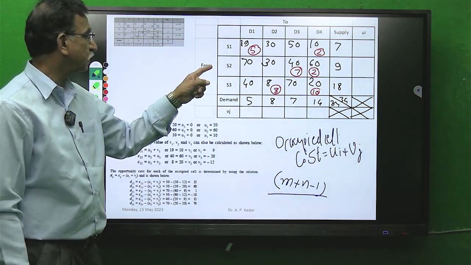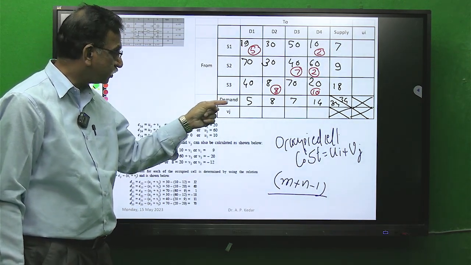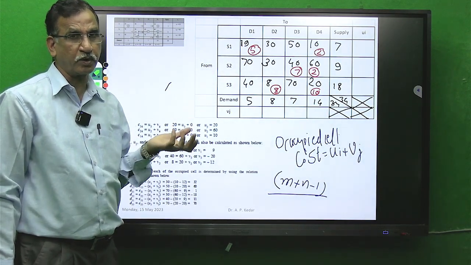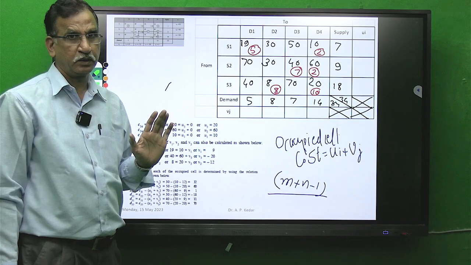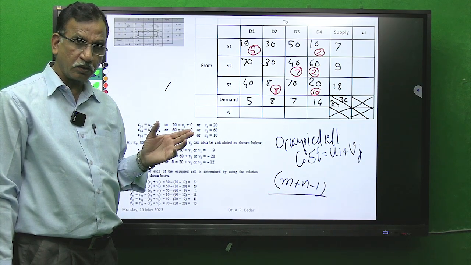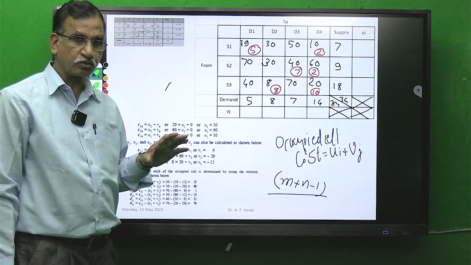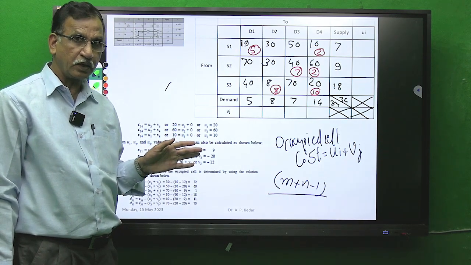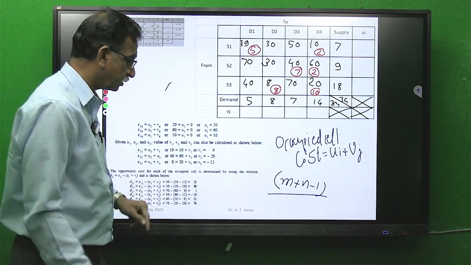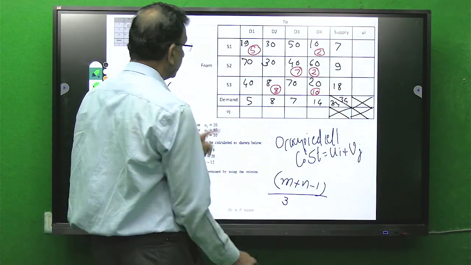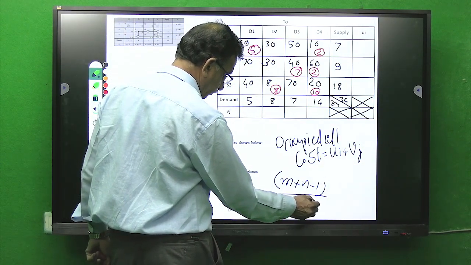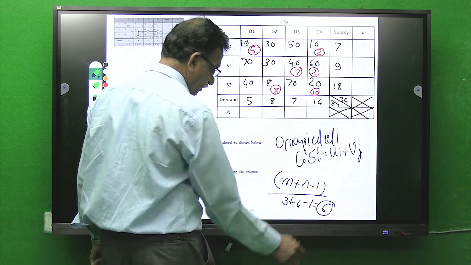So students, here do not count these extra rows. The actual rows of supply or origin are m, and the actual columns of requirement or demand are n. So here 1, 2, 3, m is 3 for this case, and n is 1, 2, 3, 4. m plus n minus 1 comes out to be 6.